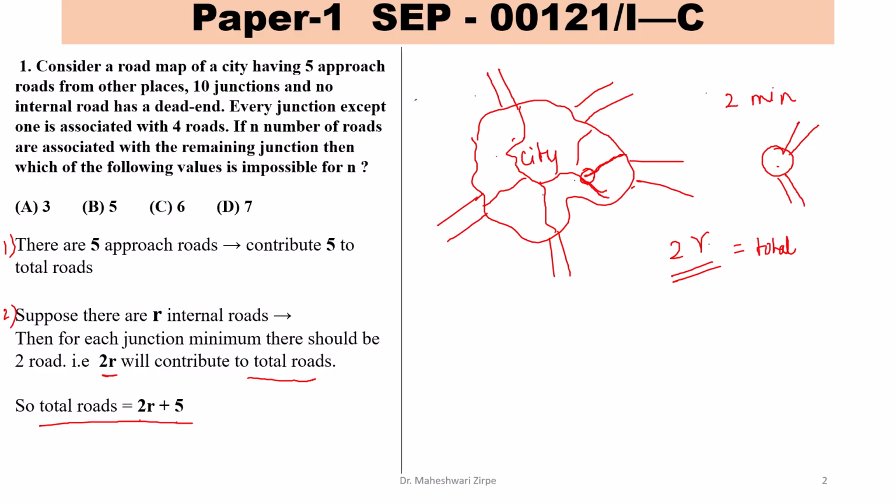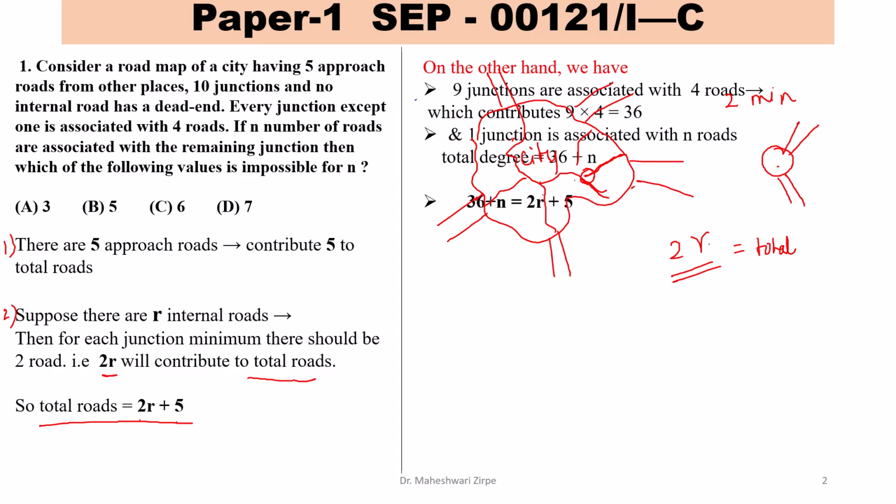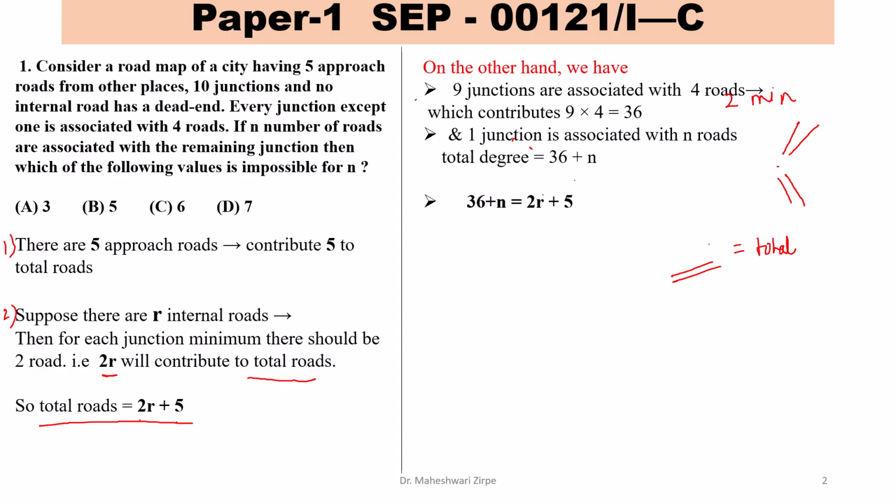Next part, they are saying there are 10 junctions. So I'll just rub this out so that you can see further. On the other hand, there are 10 junctions, correct? They have mentioned in the question that there are 10 junctions, no internal dead end, and every junction except one is associated with 4 roads. So out of 10, if we remove 1, it will be 9.